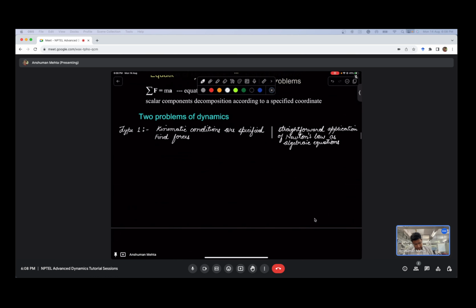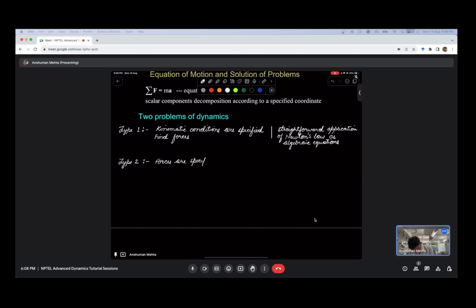The other type is where forces are specified and we have to find the motion. So in this, what happens?